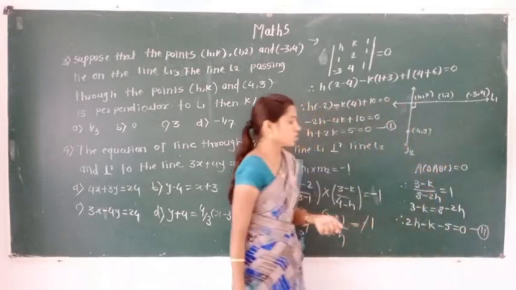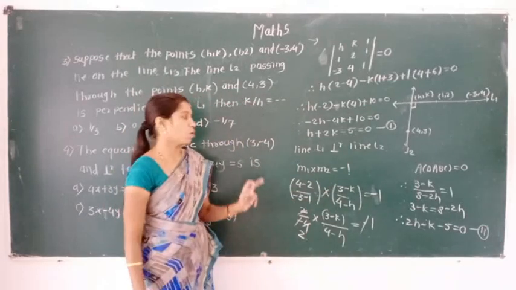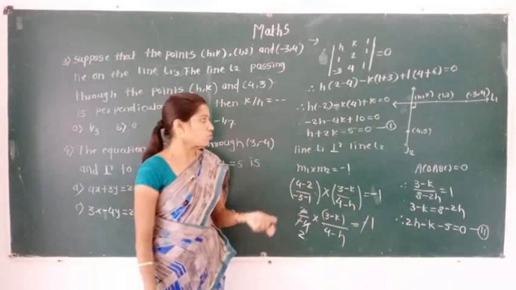So we get two equations, and these are linear equations represented in terms of h and k. First of all, we have to solve these two equations to get the values of h and k.